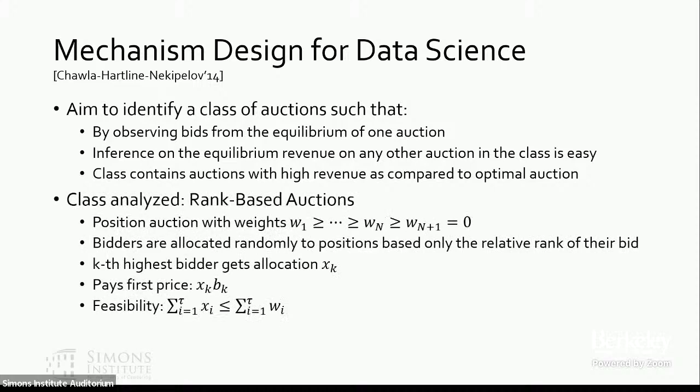So the class of auctions that were analyzed were the ones called rank-based auctions. These are position auctions where every position has a weight, in decreasing order, and bidders are allocated to positions based on the relative rank of their bid. So the kth highest bidder gets allocation x_k and pays x_k times b_k.